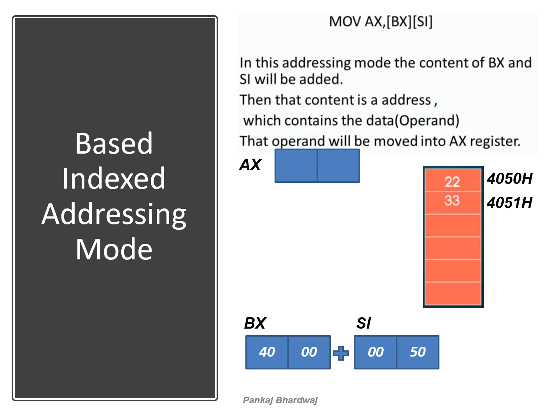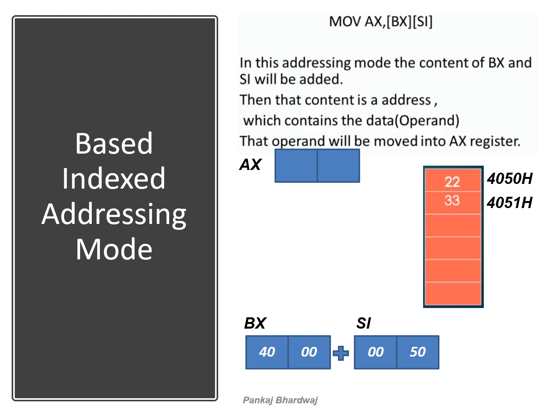Based indexed addressing mode: the BX, a base register, plus source index or destination index will cumulatively provide you the base address of the memory location in which the operand is available, which will be moved to the AX register.